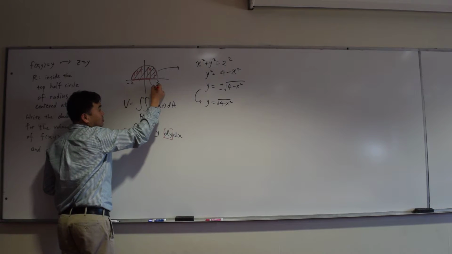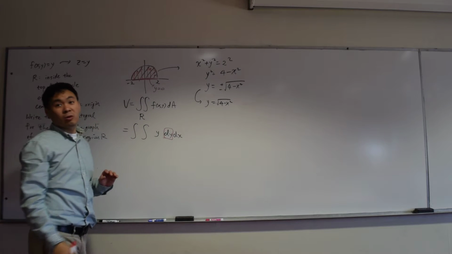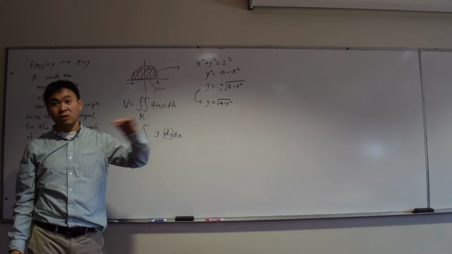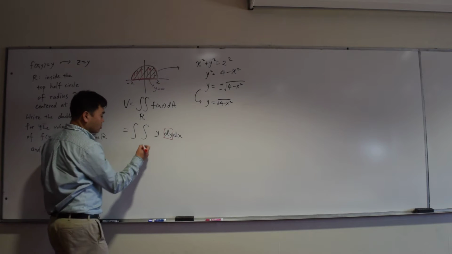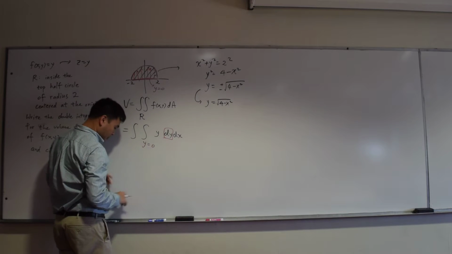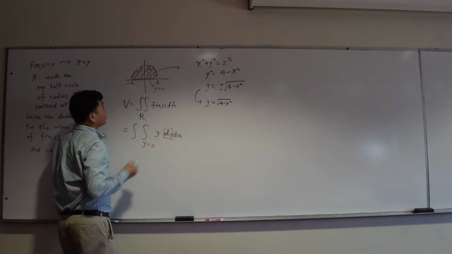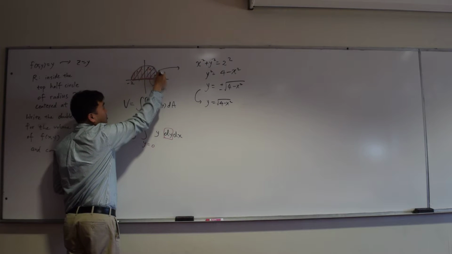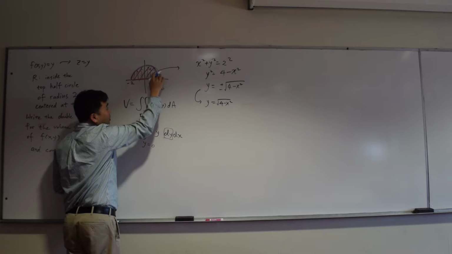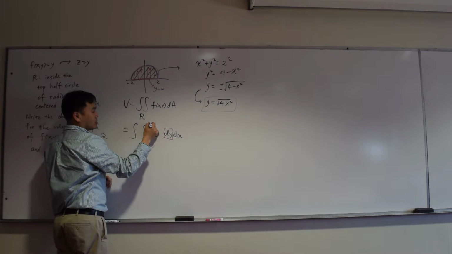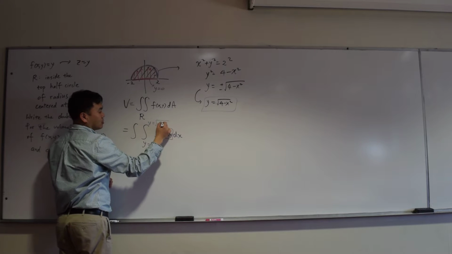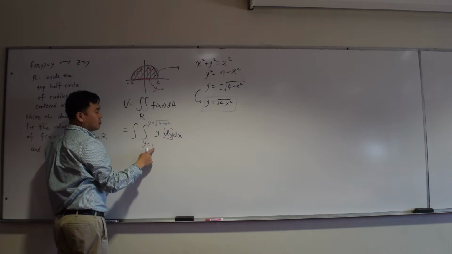This is y equal to 0. Remember, all the horizontal lines are y equal to a number, and since this is height 0, it's y equal to 0. So y equal to 0 goes here. Now let's think about where it ends. I already found the equation for this. It's this one, right? So that's what I put here. So you start from 0 and you end there.